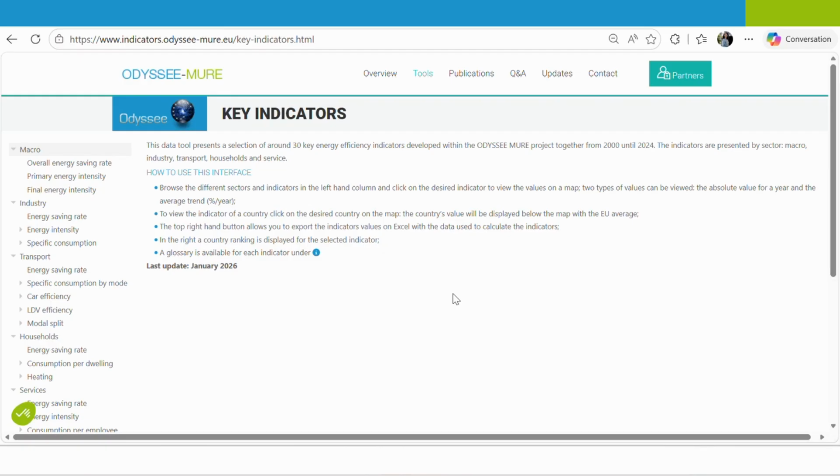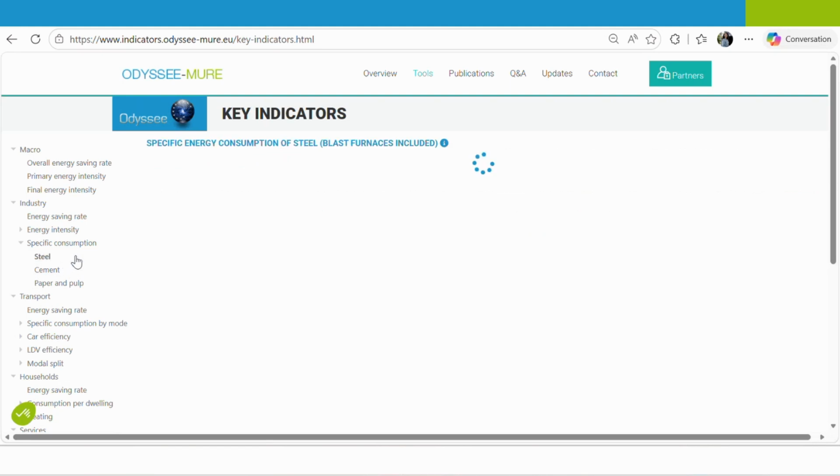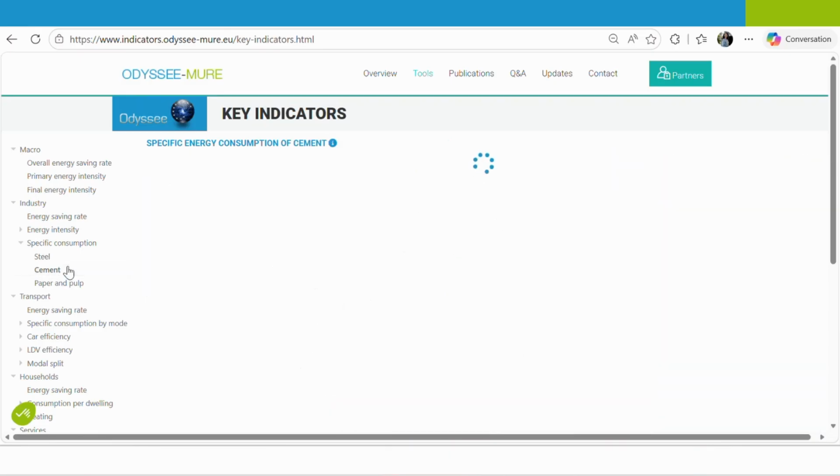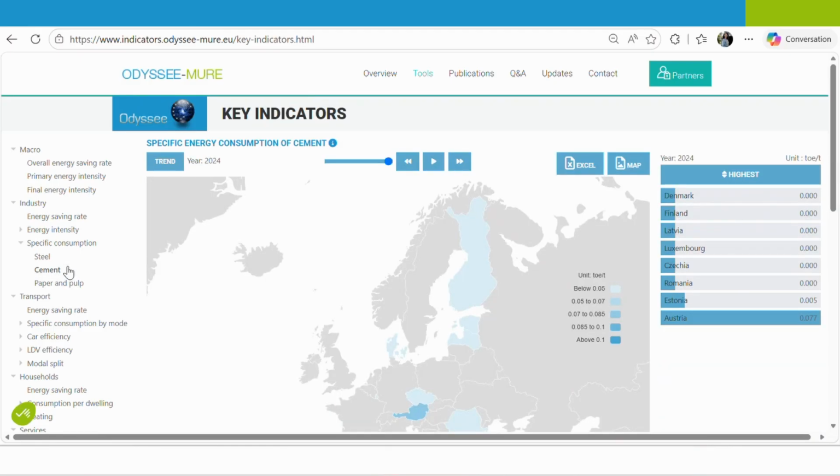For example, if we look at industry, what you see on screen, we have a specific consumption of steel that is here expressed in ton of oil equivalent per ton of steel or ton of cement that you can also see here. We can also have specific consumption expressed by kilowatt hour per employee or per square meter.